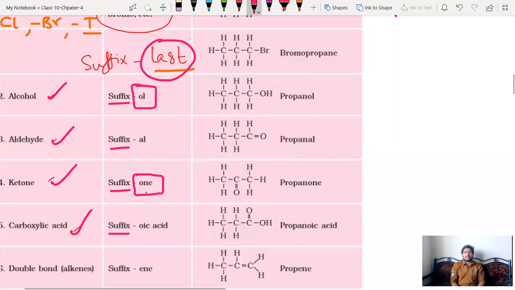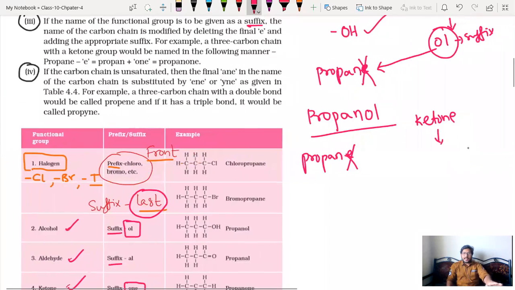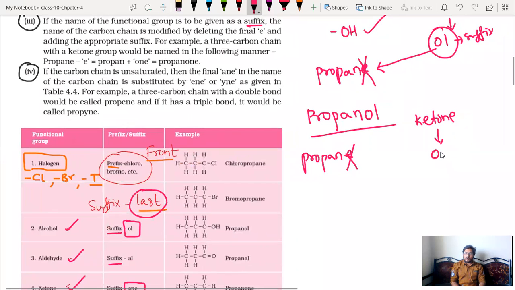You should not call it as ONE1, TWO2. You are not learning second class mathematics. It is ketone, own. So the appropriate suffix to be added for ketone is own. That own is added to the propane and E is deleted. If you delete and add, it will become propanone.